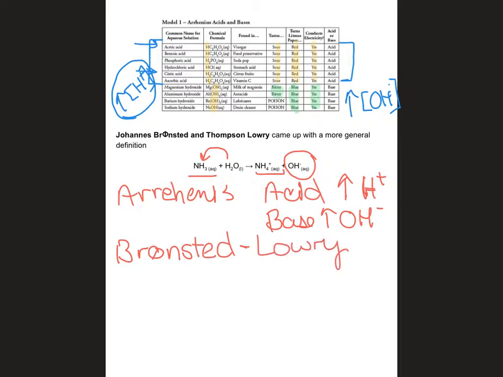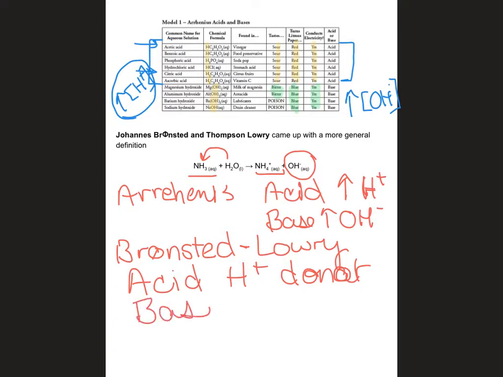The Bronsted-Lowry definition: acids we call a proton donor, okay, donor. And then a base is a proton acceptor, which you can see in our NH3.